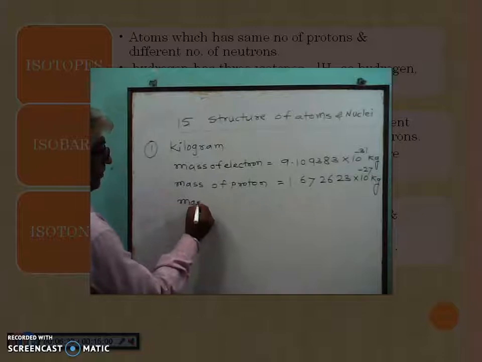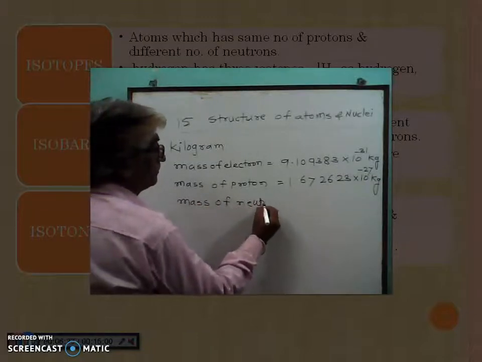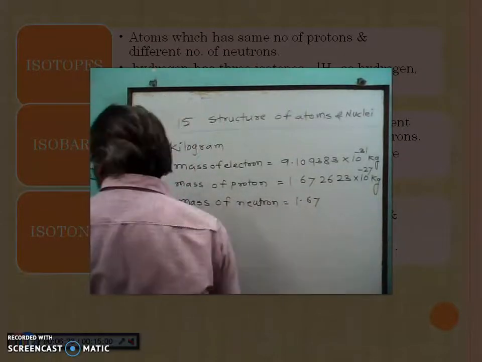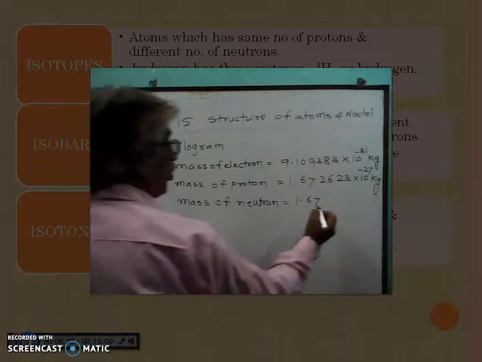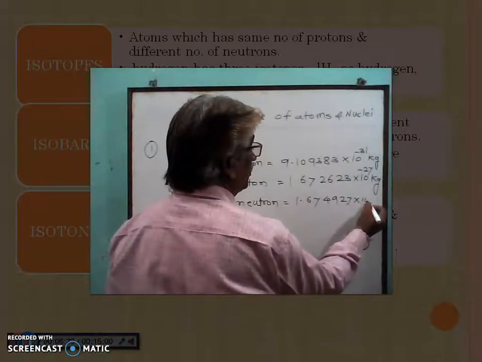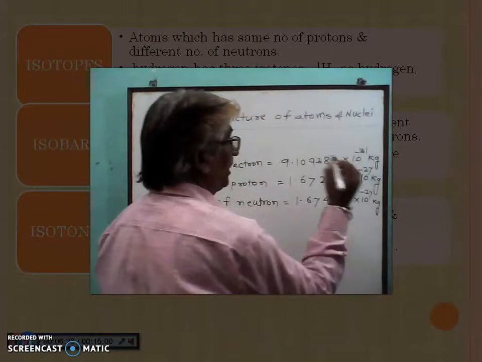Mass of neutron is 1.674927 into 10 to the power minus 27 kilogram.